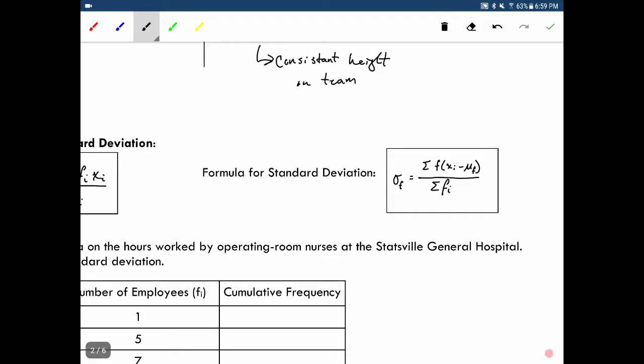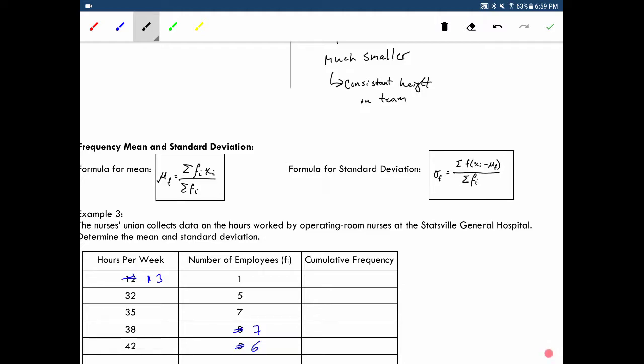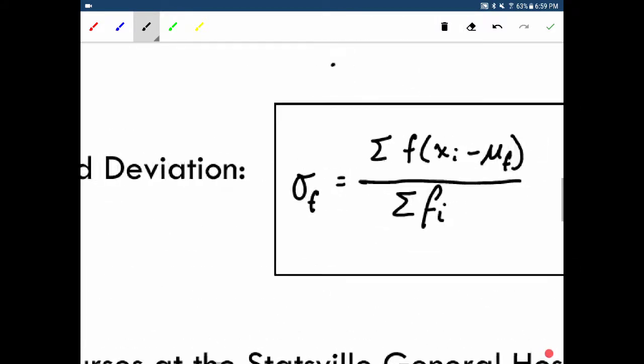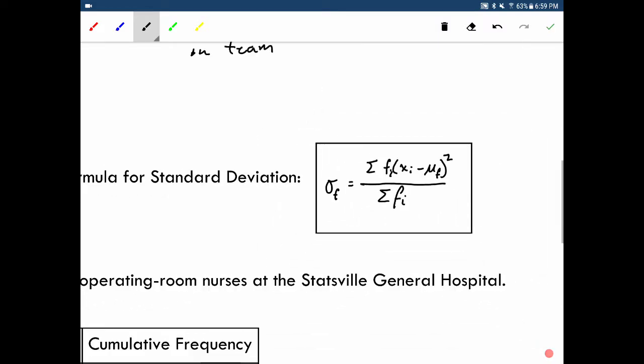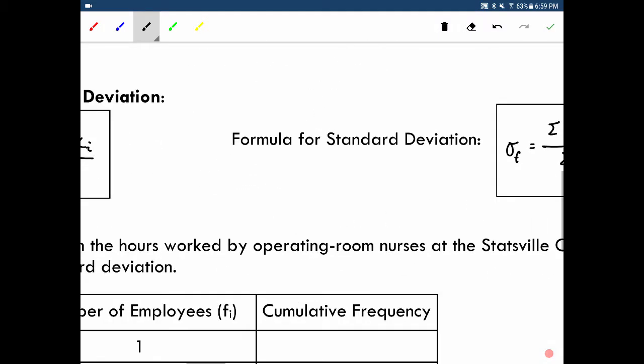Although, you know what? I believe there's a squared missing on that formula. In fact, I'm positive there's a squared missing on that formula. So add that squared. There we go.